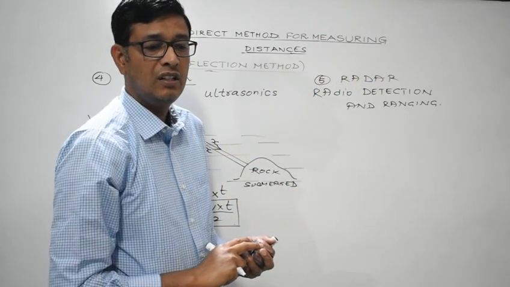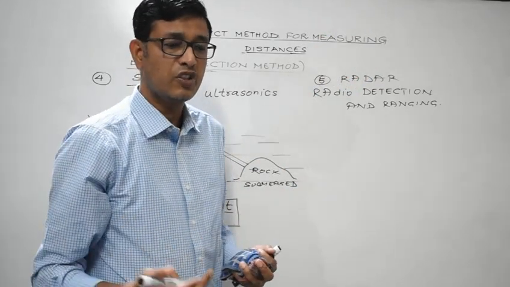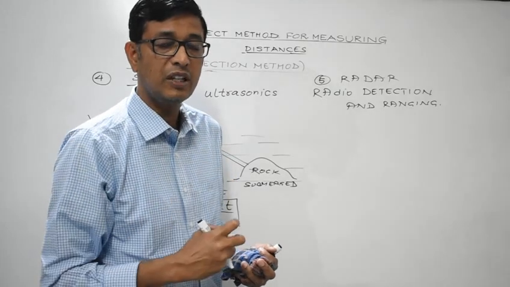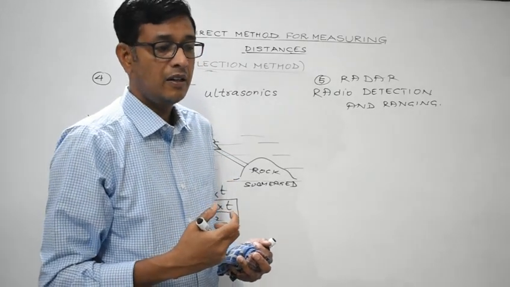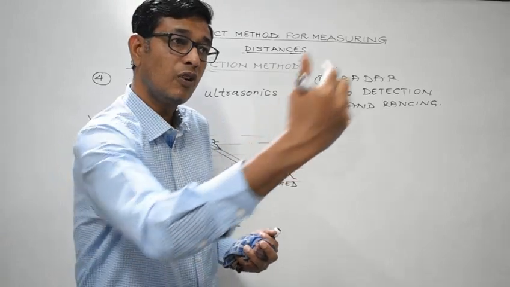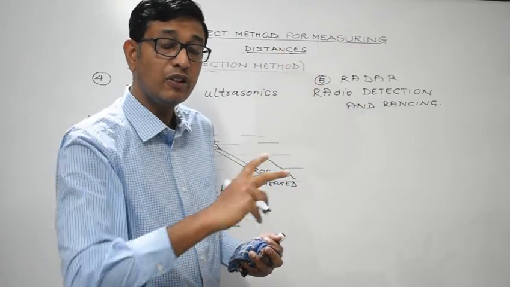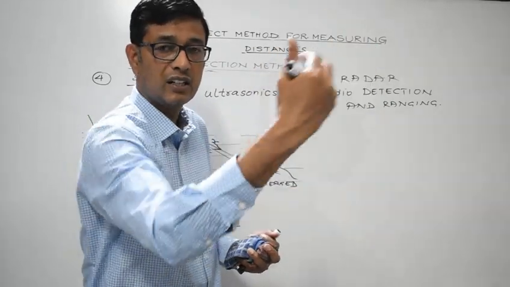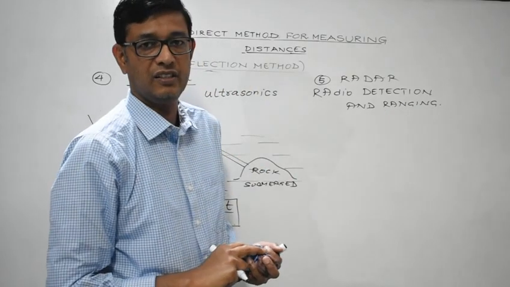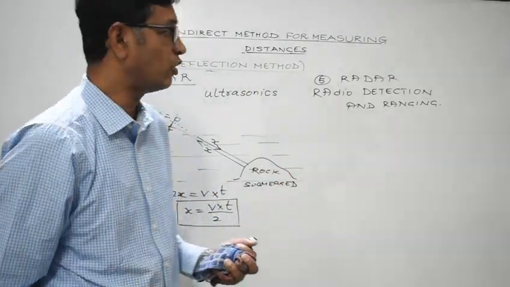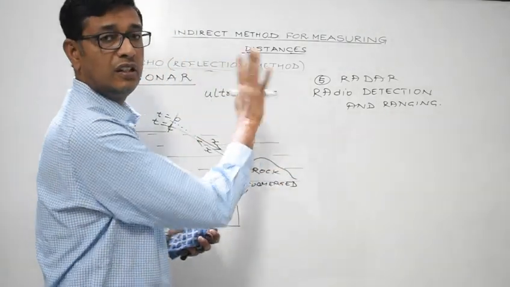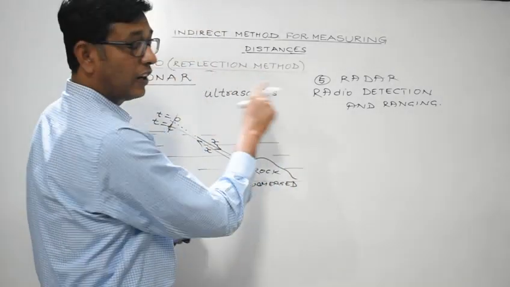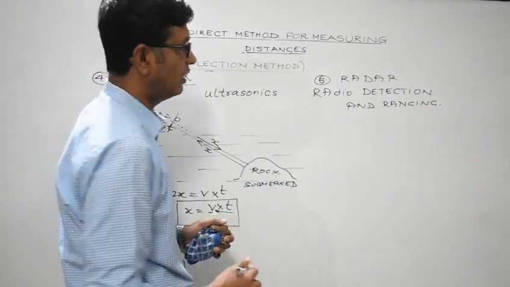And you'll study in a later section that by using the Doppler effect, it can also be determined from which direction that aircraft is coming and with what speed the intruding aircraft is approaching or receding, right? Anyway, that will be discussed later on. Here we will be restricting ourselves only to finding the distance of that aircraft, right?